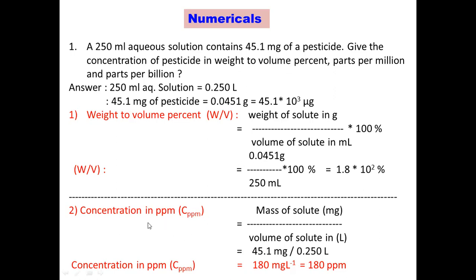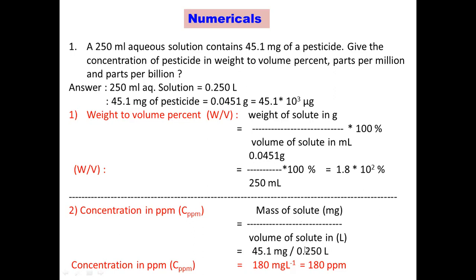The second is concentration in ppm, that is parts per million, represented as C ppm. What is the formula to calculate concentration in ppm? Mass of solute in milligram, which is already given in milligram, divided by volume of solution in liter.